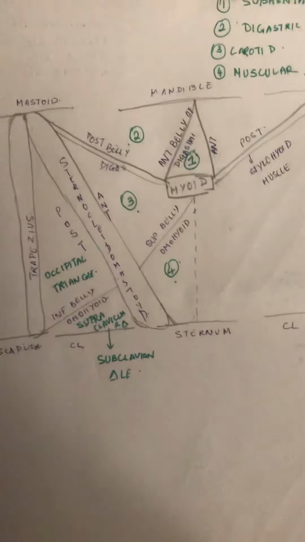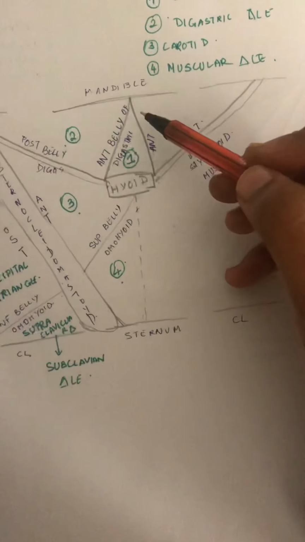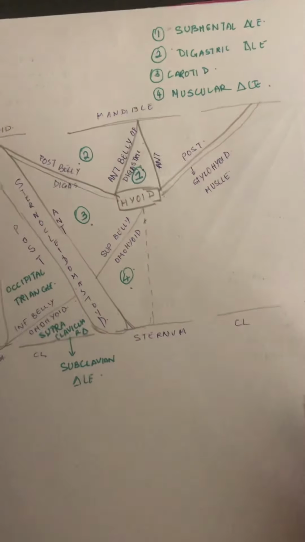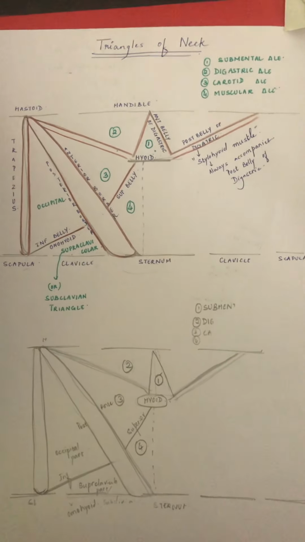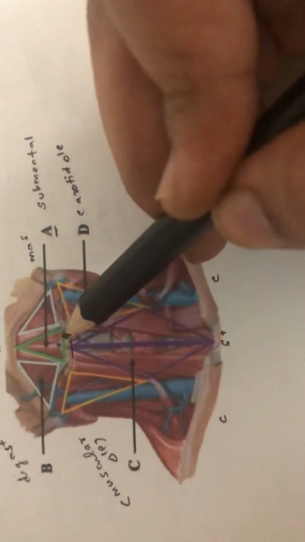So yeah, this is the posterior triangle of the neck, and this forms the anterior triangle of the neck. A better picture, there it is. If you can see, yeah, here it is.